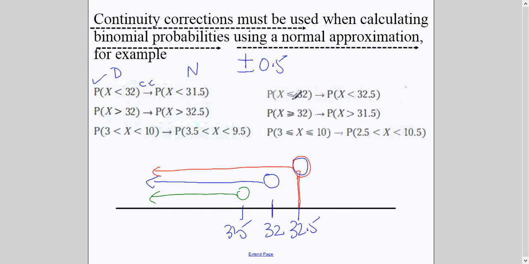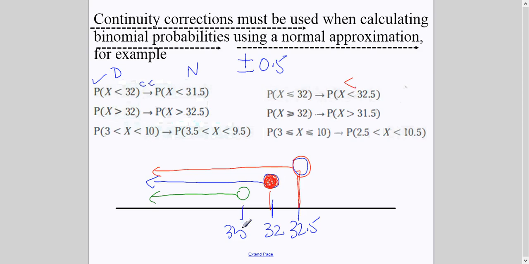Let's look at the case with exactly the same situation but equal to is here. It means now the value 32 is included. So I'm coloring it. This is called a closed circle. It means the value is included. Now, in normal distribution, we don't write equal to. Remember, in my first video I explained this. It is always less than or greater than, no equal to, because the area is left or right, not underneath. So because it is less than or equal to, my inequality will be less than.